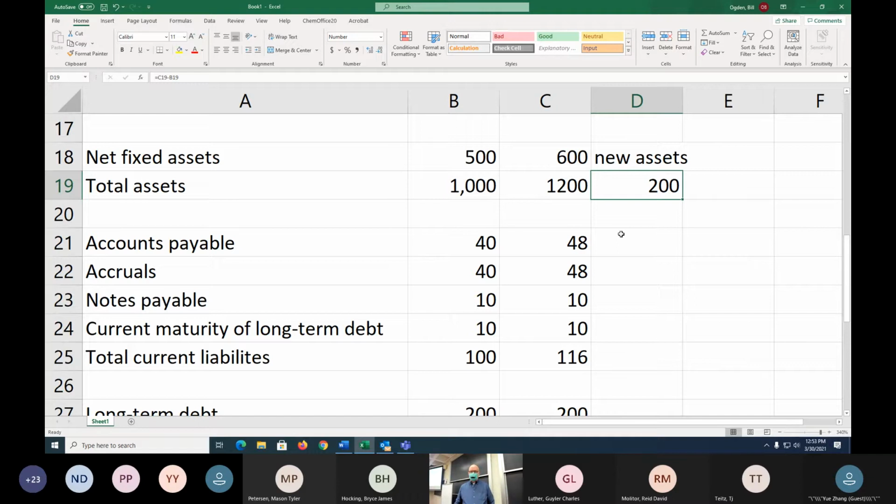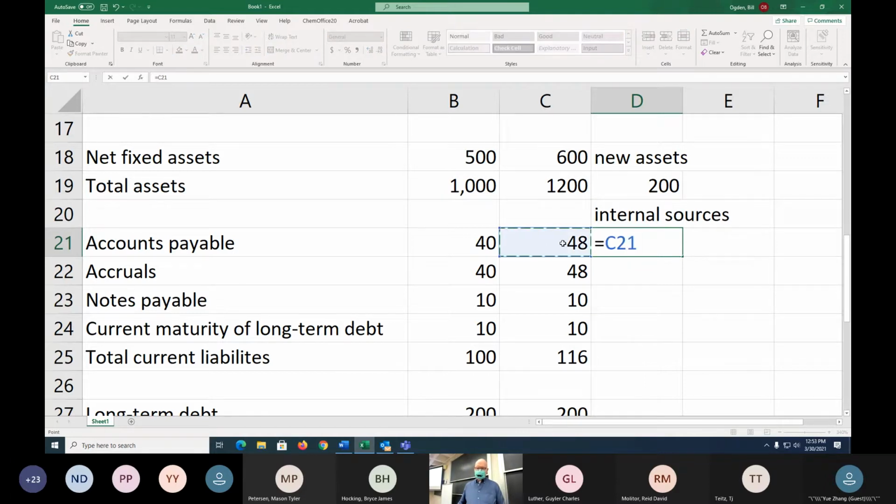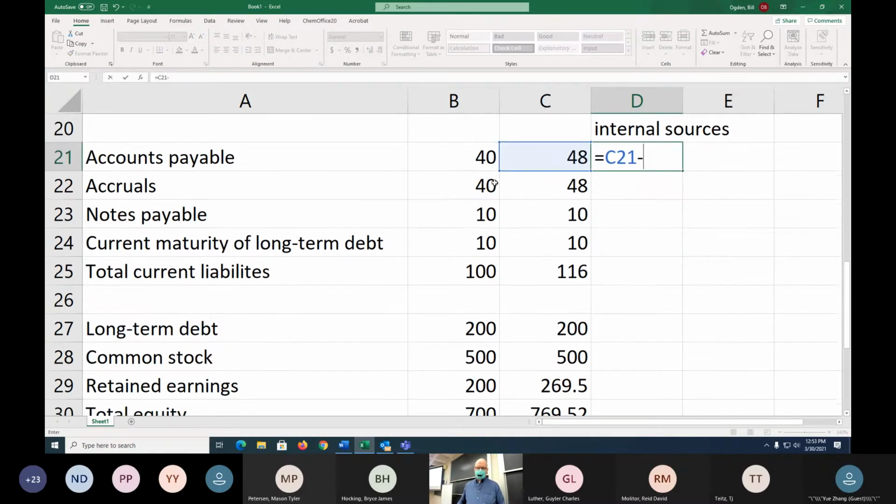All right, and then let's identify our internal sources. Okay, and what do we have? Well, we'll be increasing payables by 8. We will be increasing accruals by the same amount.